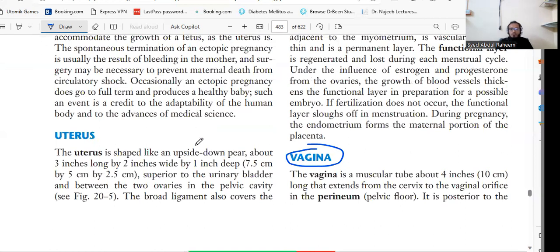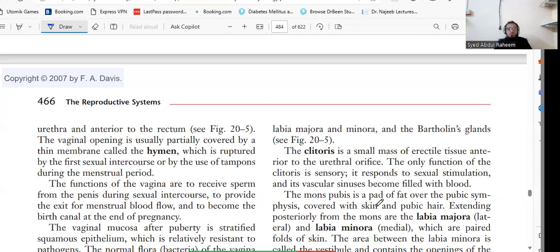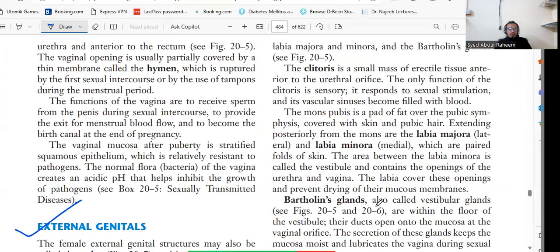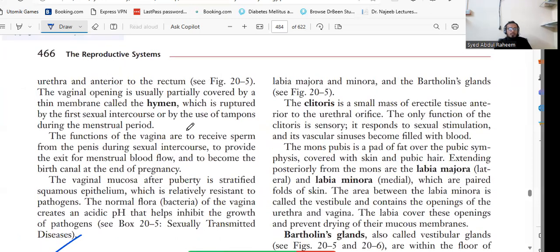So let's talk about the vagina. It is a muscular tube about 4 inches, or 10 centimeters, long that extends from the cervix to the vaginal orifice in the perineum. It is posterior to the urethra and anterior to the rectum. So it is in between those.